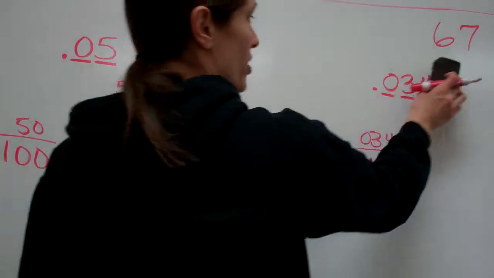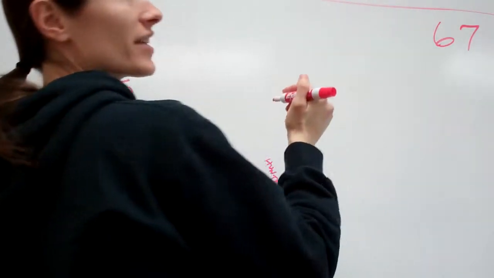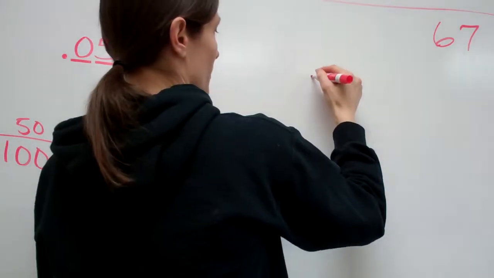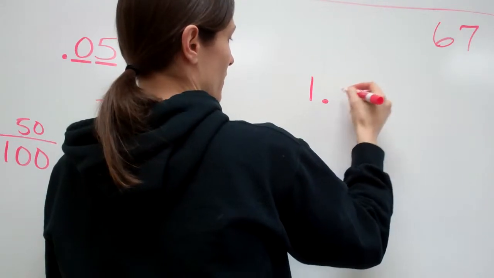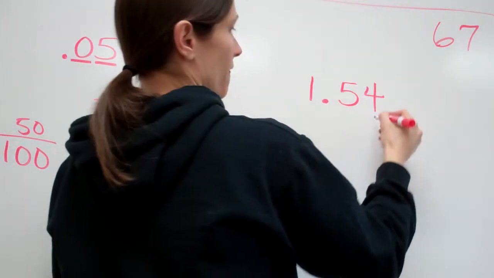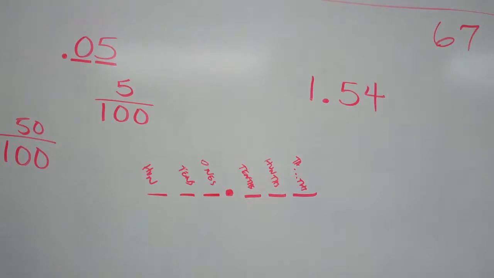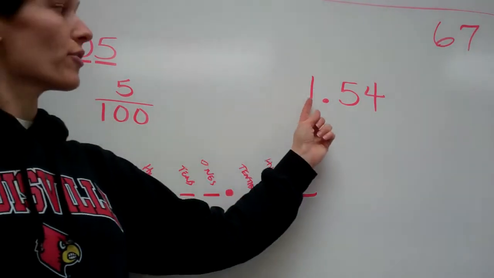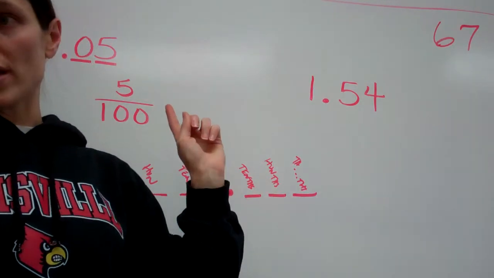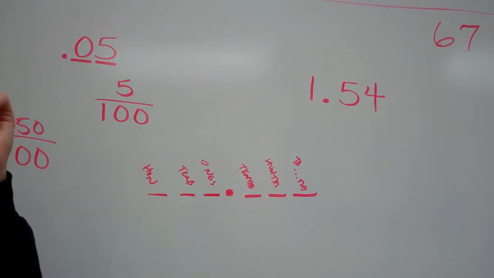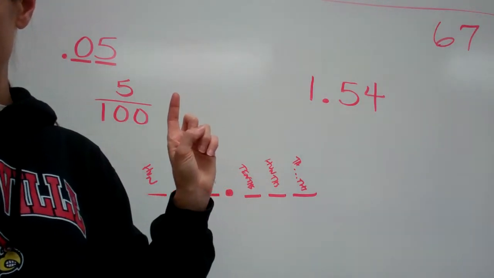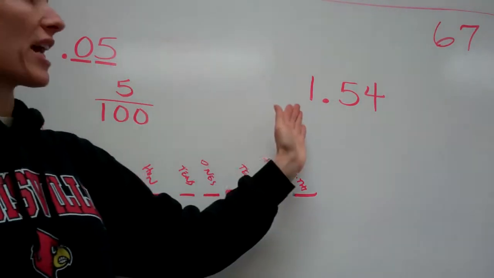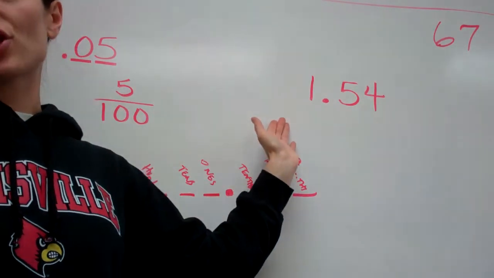Okay, now watch this one. This one's tricky. Now, what did I tell you this number to the left of the decimal was? Yes, Sarah Kate? The whole number. Okay? So tell me how I would write this as a fraction.